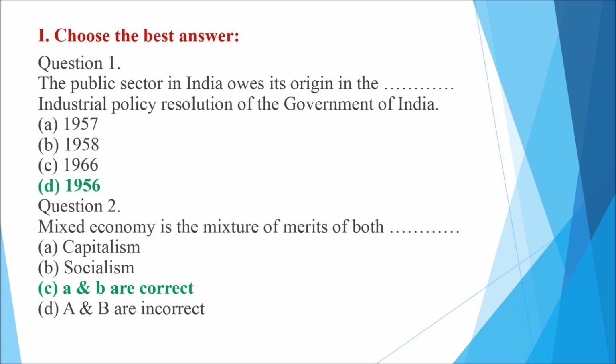Question number 2. Mixed economy is the mixture of merits of both dash. Option A capitalism, option B socialism, option C A and B are correct, option D A and B are incorrect. So the correct answer is option C, A and B are correct.